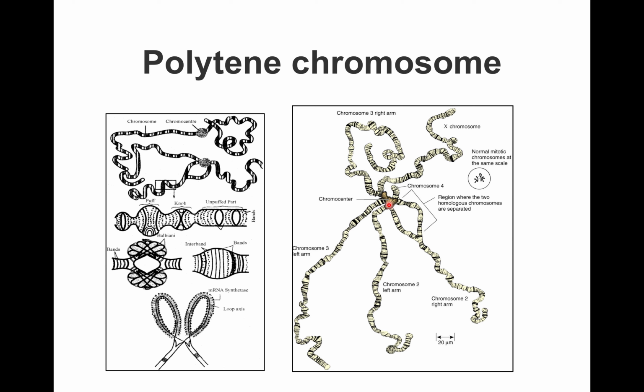So, the heterochromatinized centers of all chromosomes coalesce in the chromocenter. The polytene chromosomes are found in the form of 6 radiating arms from the chromocenter. 5 are long and 1 is a short arm.